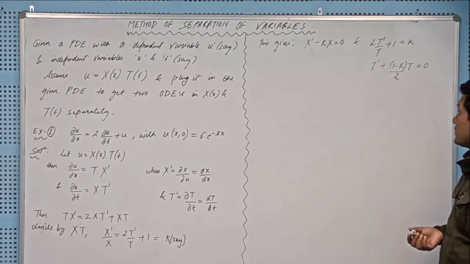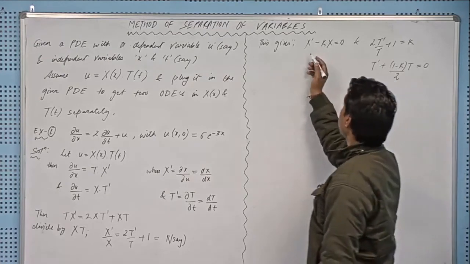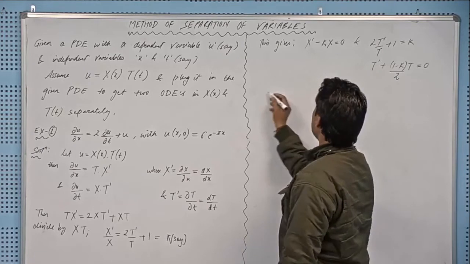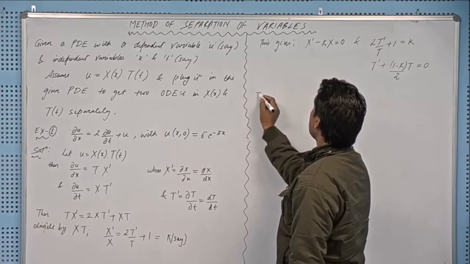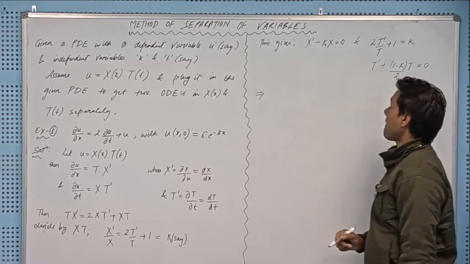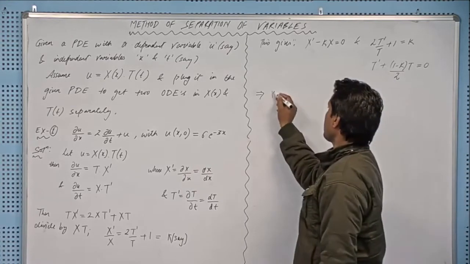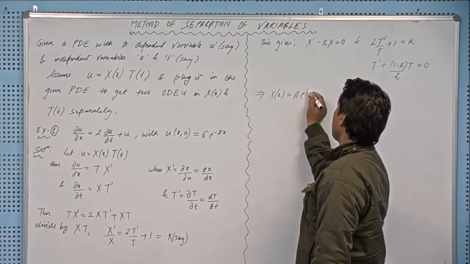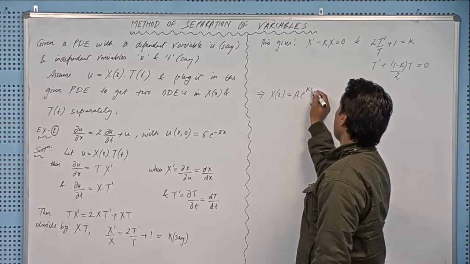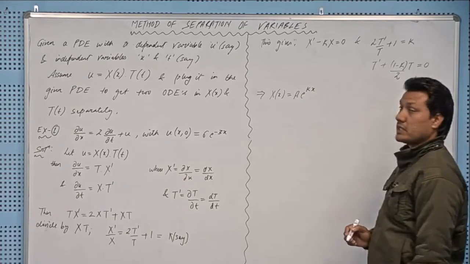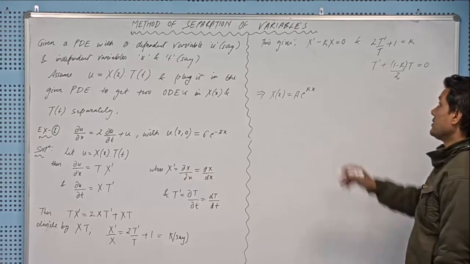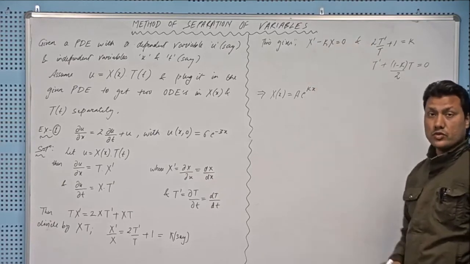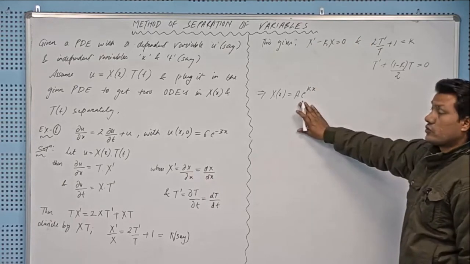You can solve them. The solution of this will be, for this, capital X as a function of x is equal to a constant times e to the power kx. You can solve it very easily. This is a variable separable form. X dash over X is equal to k, then integrating on both sides we get a solution like this.